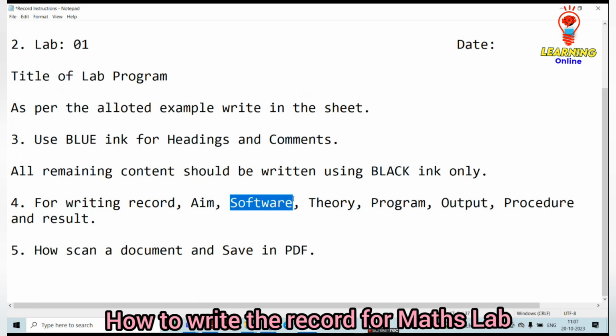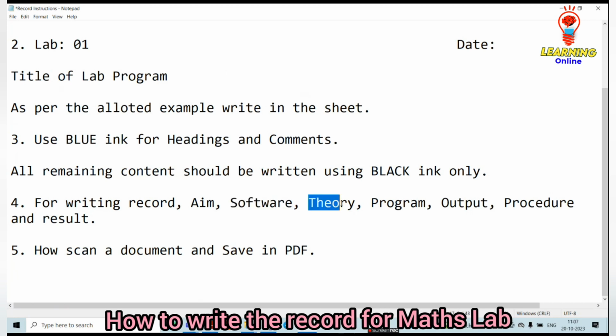Whichever one you have installed, you can use it for execution, and mention that software. If none of them is installed, then you are using Google Colab, and you can mention Google Colab itself.